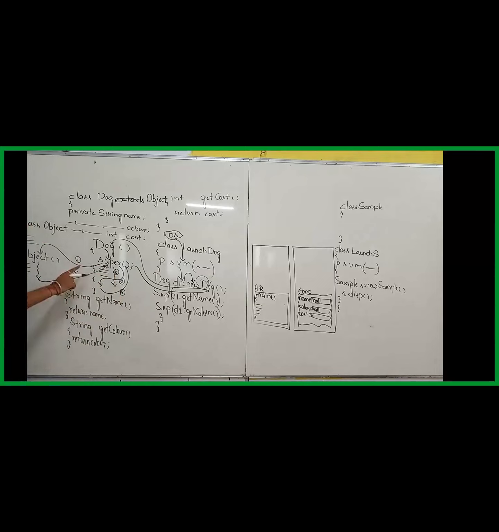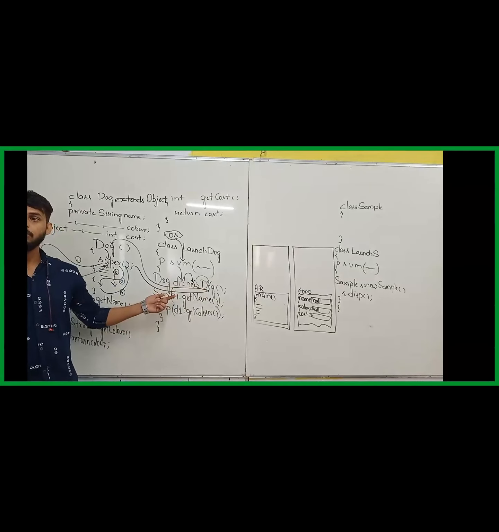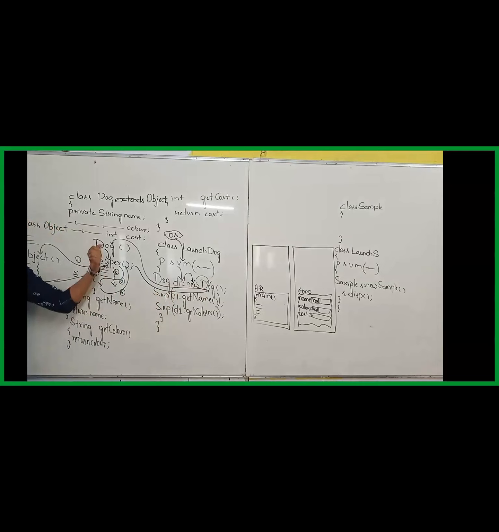The control flow, whatever you have learned, is different from now. Getting my point? Previously, we understood that before going to the left side, it will do it. No, not before going to the left side. It will come to the constructor, the super method, go to the object class. It means the super method will completely work.